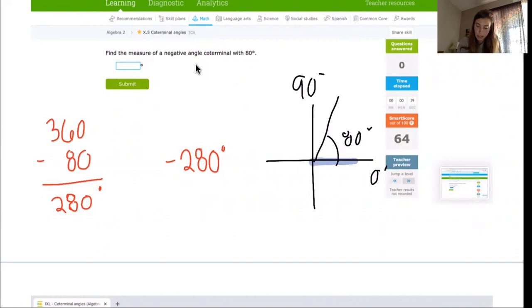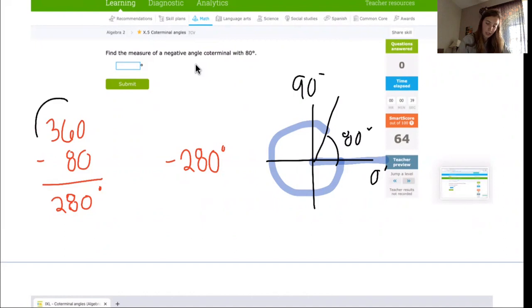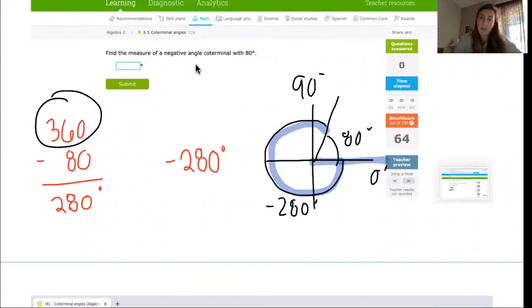That means I start here and I travel all the way around to find the negative version. The simplest way to do that, as I showed over here, is just do 360 minus the 80, and that will give you 280 degrees. So that means you have to travel negative 280 degrees around this way to get the same angle.